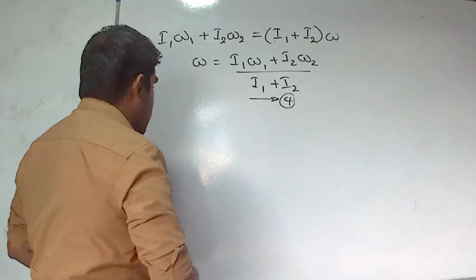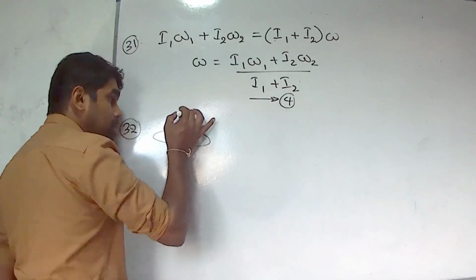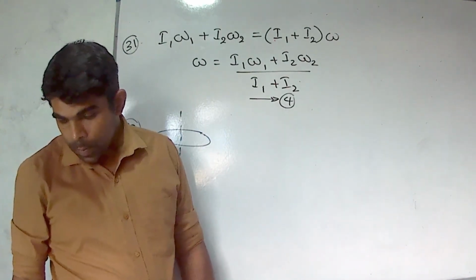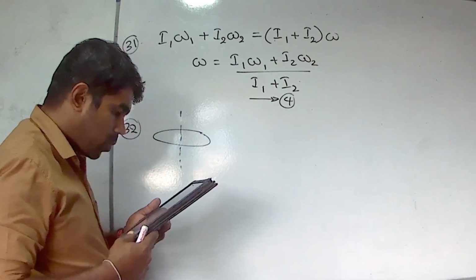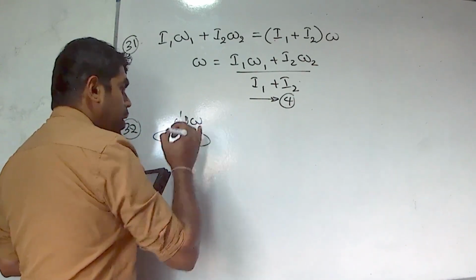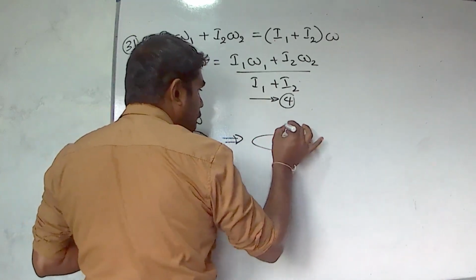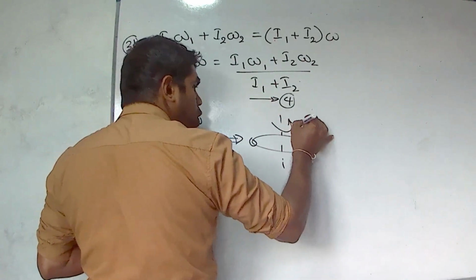Again we have to use the conservation of angular momentum. The angular velocity of the ring before connecting two masses is omega, and after connecting two masses we can consider the angular velocity as omega dash.